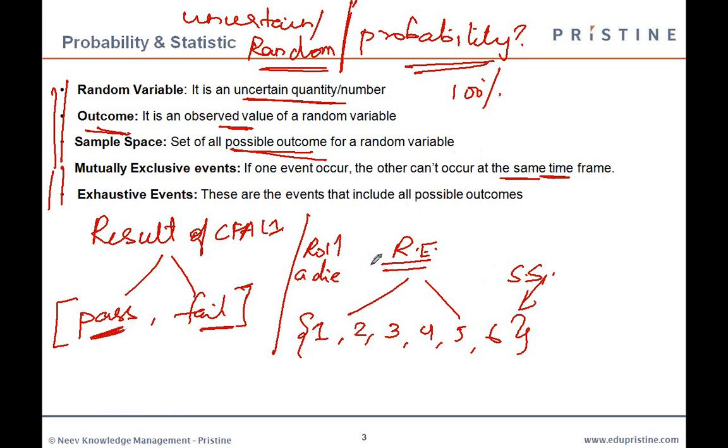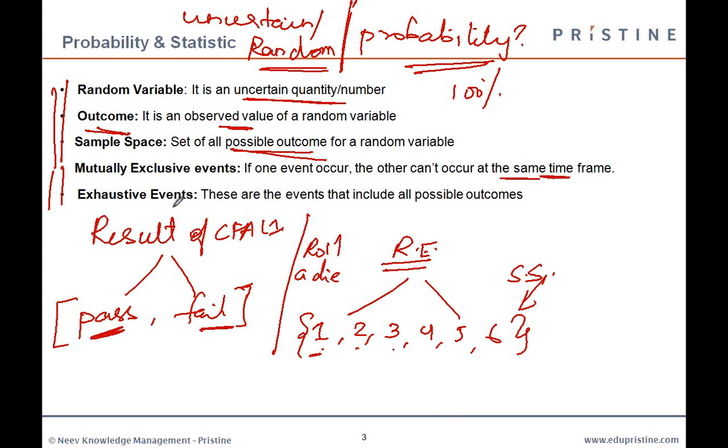That's very important. Similarly, when I roll a die, if I get a face with 1, I'm automatically guaranteed that I won't get 2, 3, 4, 5 or 6. Therefore, all these outcomes, 1, 2, 3, 4, 5 and 6, are mutually exclusive. The moment I get one value, I'm guaranteed not to get any other value.